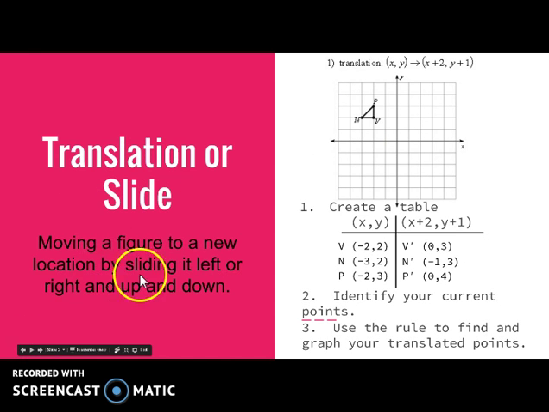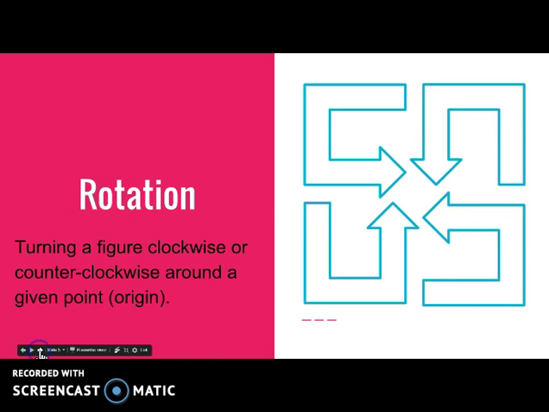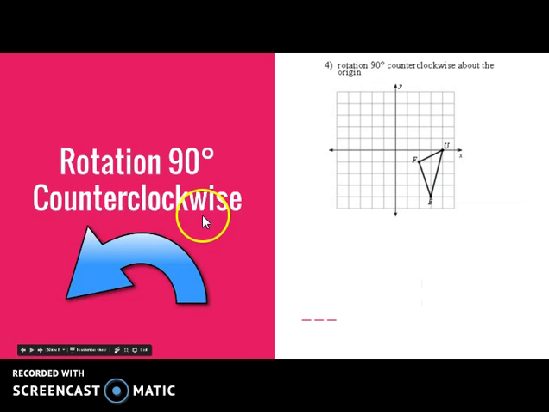Okay, we talked about a translation. You need this writing in black. A reflection. You need this writing as well. A rotation. You need this writing as well. Okay, and I talked about drawing an arrow in this direction to call it counterclockwise so you know which direction that goes if you're having trouble.